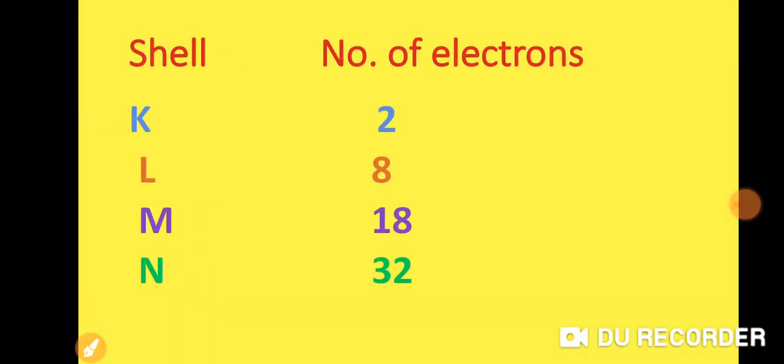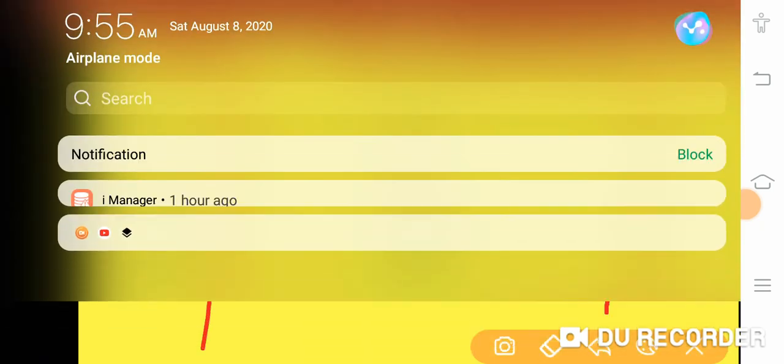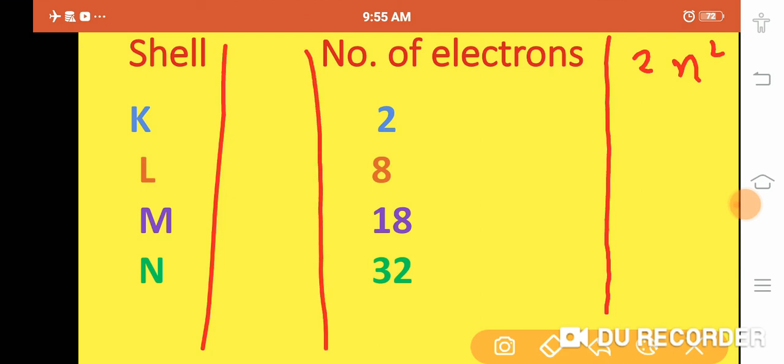Now this is the shell and number of electrons. How many electrons are present in a given shell? It is equal to 2n square. For K shell n equal to 1, L shell n equal to 2, M shell 3, N shell 4.